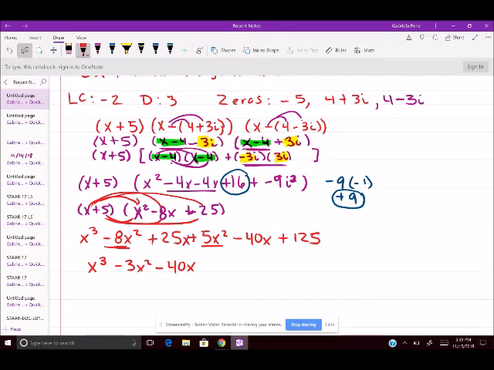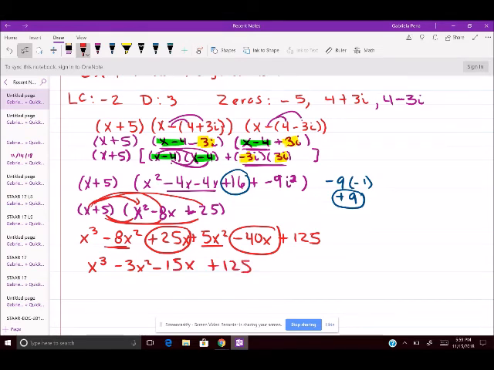So sorry. So because there is a 25x from x times 25, I have to add 25 minus 40, which gives me a negative 15x plus 125.